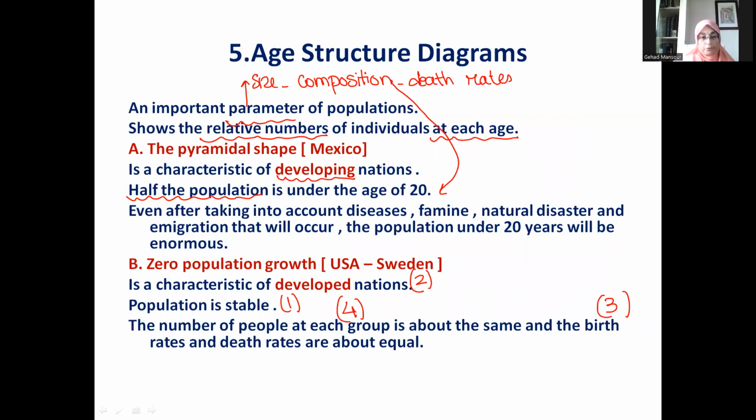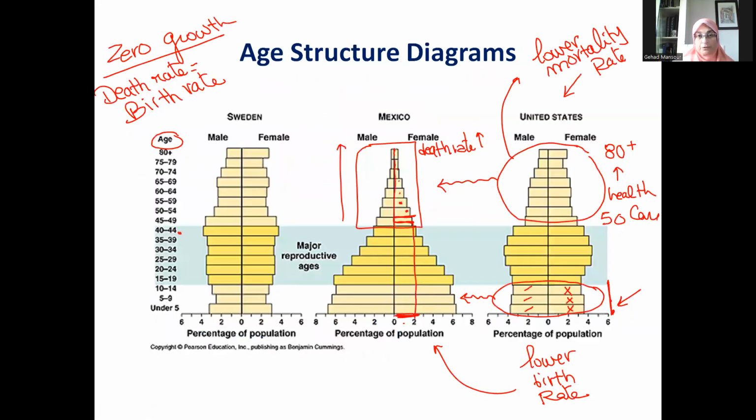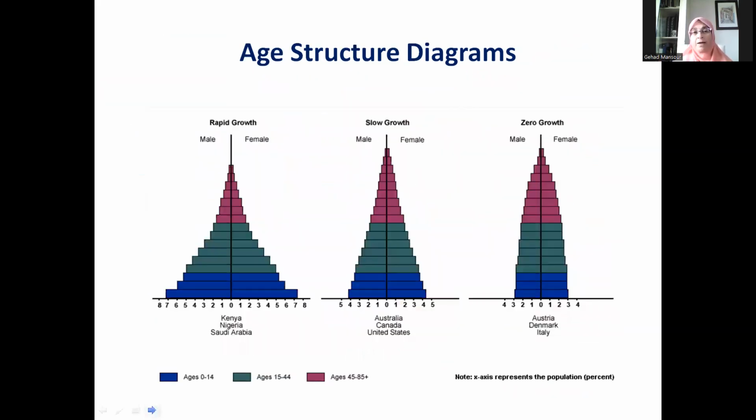Moving forward to the next slides, we are going to see other age structure diagrams and compare them at first look. So here, for example, in Australia, in Canada, and in the United States, this is what we call the slow growth diagram.